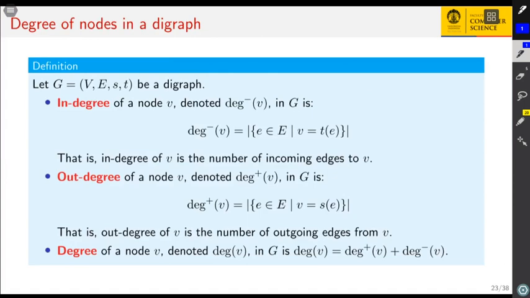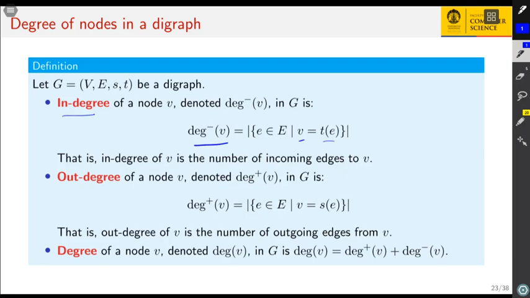Now in a directed graph, the notion is slightly different because you have directions. In a digraph, you have the in-degree, the number of edges incoming to the node v. Incoming means that the node v is the target of an edge.